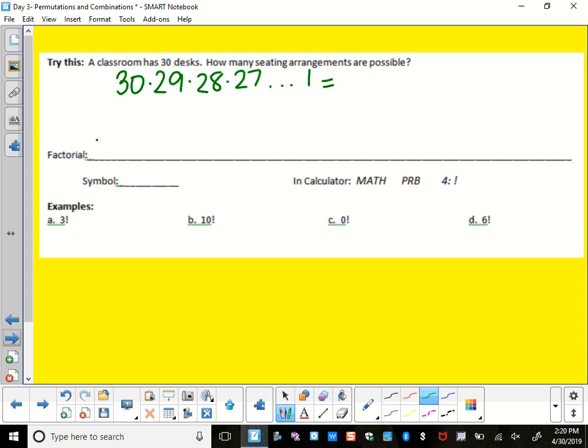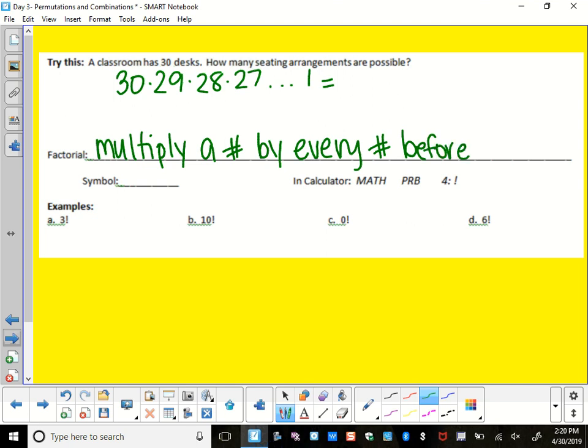Factorial means that you multiply a number by every number before it. Your symbol for factorial is an exclamation point. Your exclamation point can give you an answer.